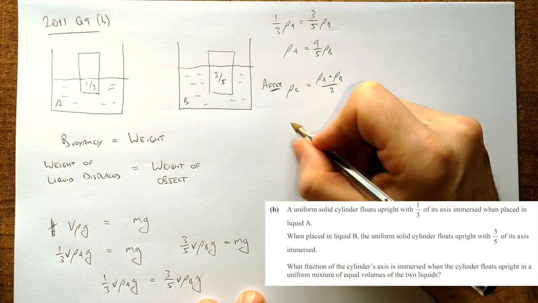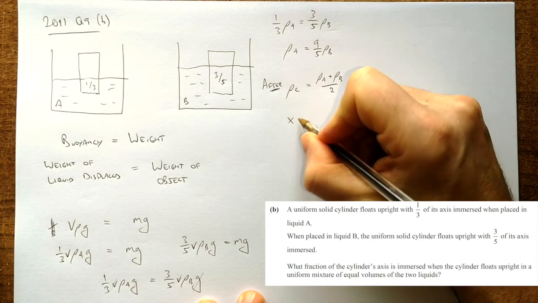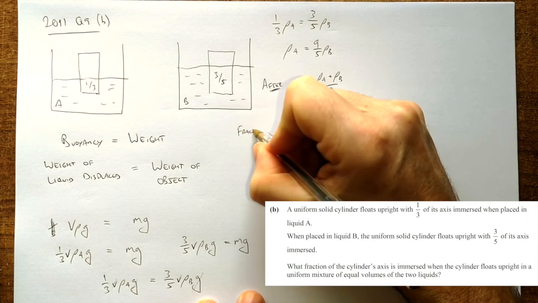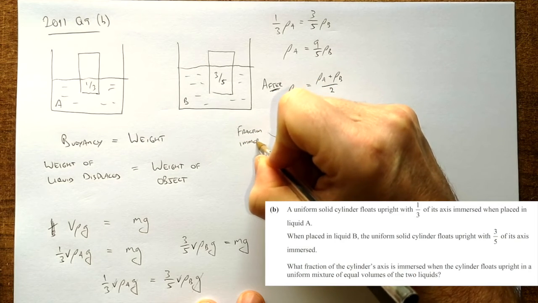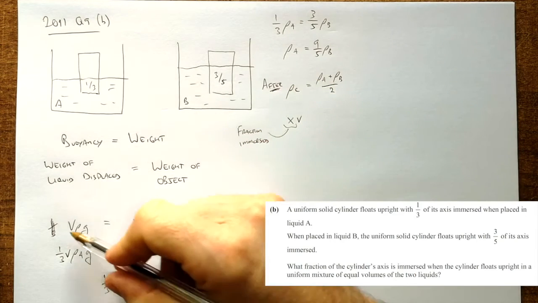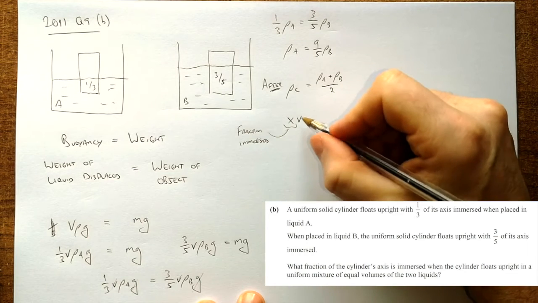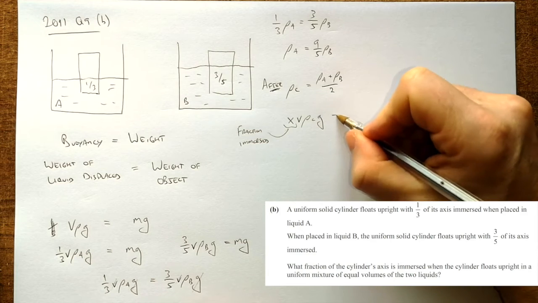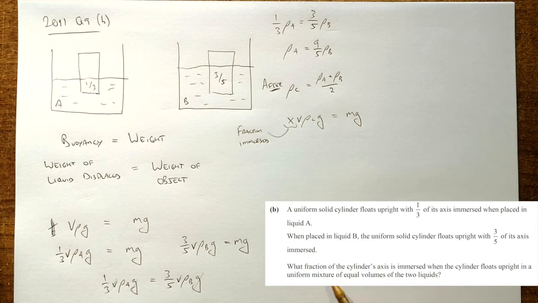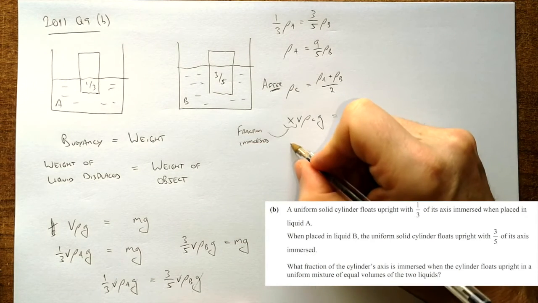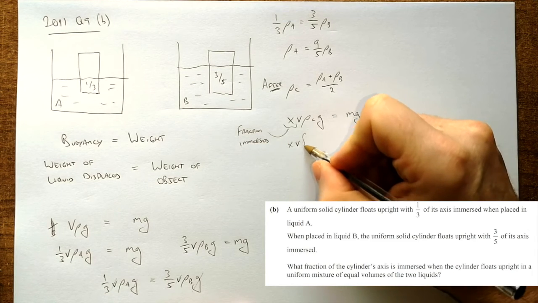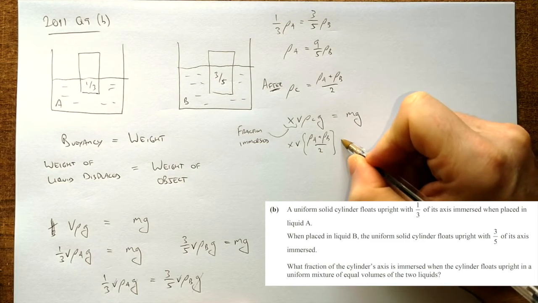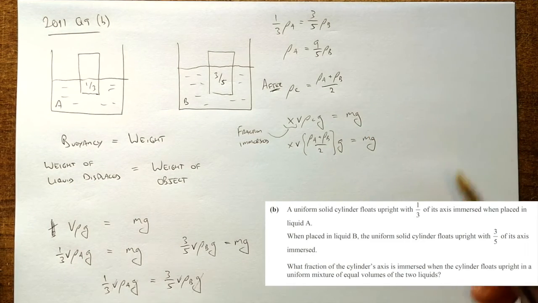Well, what we're going to find is xV, x being the fraction immersed, using the same kind of equation, rho C g equals mg. Now, let's pop this in here. So we have x by V by (rho A plus rho B) all over 2, by g, equals mg.